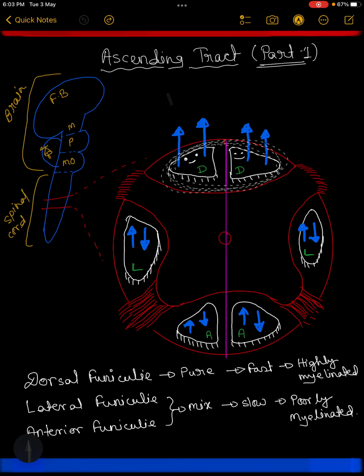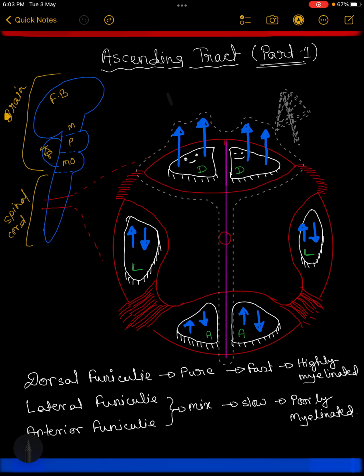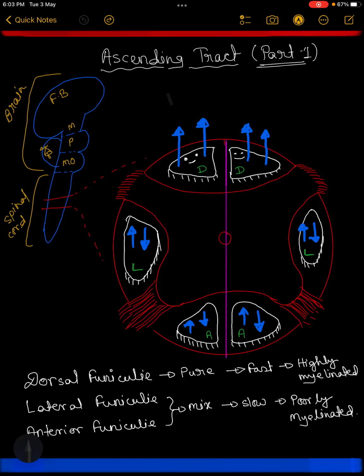Now focus on the dorsal funiculi. You can see I have drawn some arrows going upward, so we can say these are all ascending, or going up. If you focus on the lateral side, you will find two arrows going up and down, and in the anterior you can find arrows going up and down.